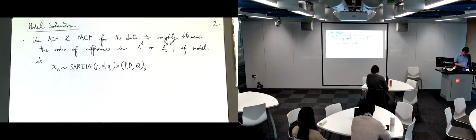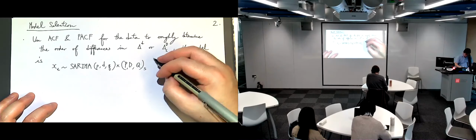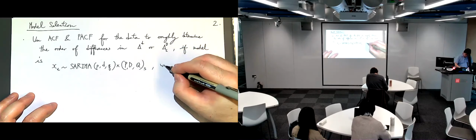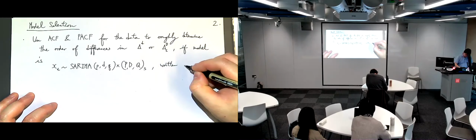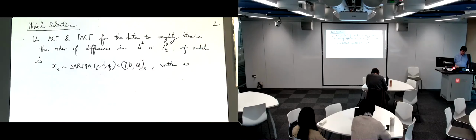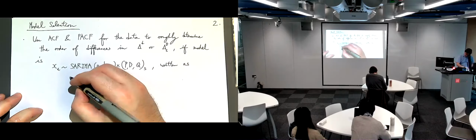what is this? So this is called seasonal ARIMA, okay? So just introduce to you here, together with model selection. So it should be written as something like this, okay?